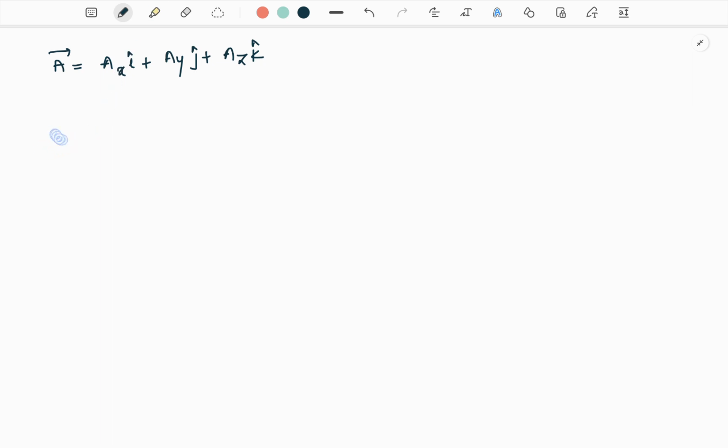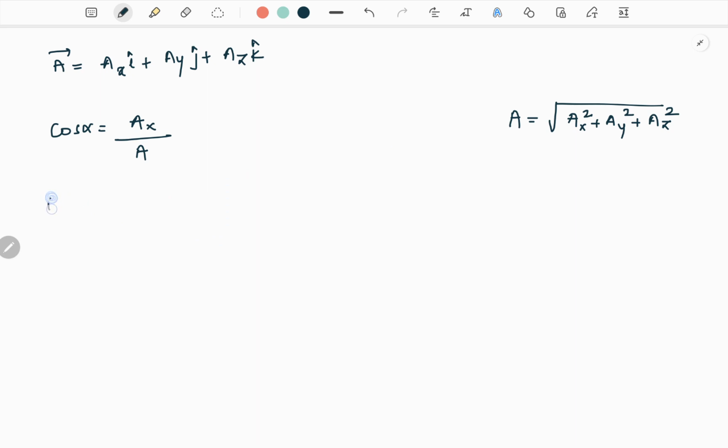Okay, so we can write cos alpha is equal to ax divided by a, where ax represents its x component of that particular vector, and a represents the magnitude of that vector. So where basically a is equal to root of ax square plus ay square plus az square.